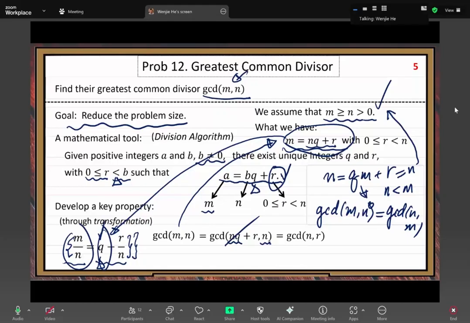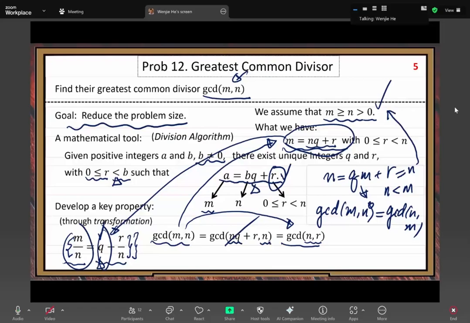But the good thing is, when you look at the transformation we are doing here, you can see the first expression, the problem size larger. The second expression, now you can see the overall size. So here you may ask me, how do you define the problem size of GCD problem? How about the maximum, the magnitude of the larger parameter?